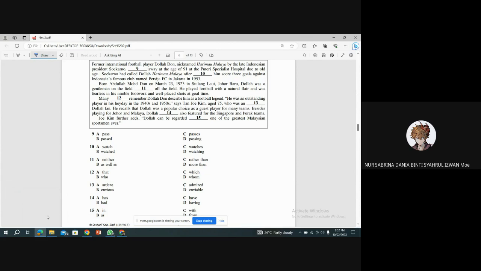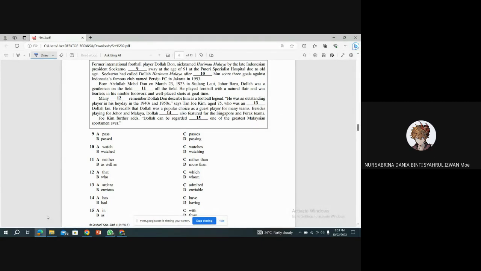Dola was a gentleman on the field as well as off the field. He played football with a natural flair and was fearless in his nimble footwork and well-placed shots at goal time. Many who remember Dola Don describe him as a football legend. He was an outstanding player in his heyday in the 1940s and 1950s, says Tan Joachim, aged 75, who was an ardent Dola fan.